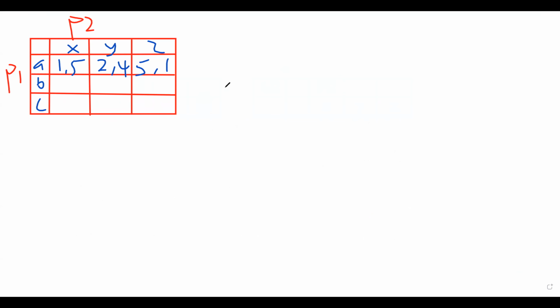And the last row was 5, 1, 2, 4, and then 1, 5. So guys, these are the payoffs that we have.